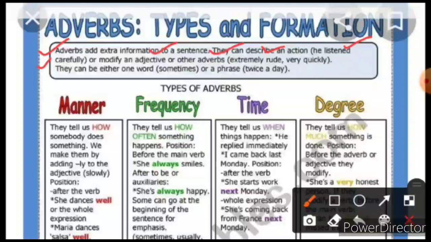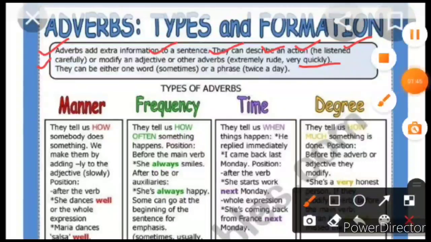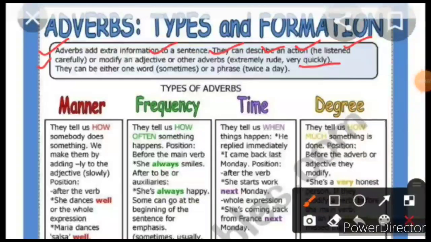In the second example, quickly is your adverb, and very is another adverb. So an adverb is describing or modifying a verb, an adjective, or another adverb. They can be either one word or a phrase.